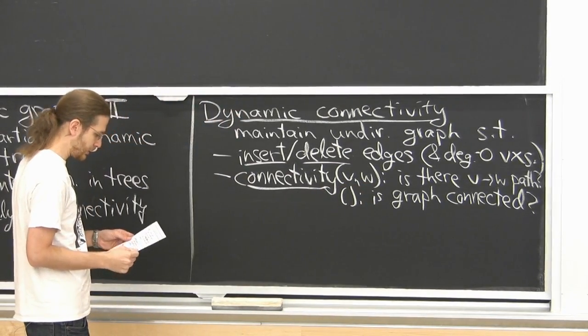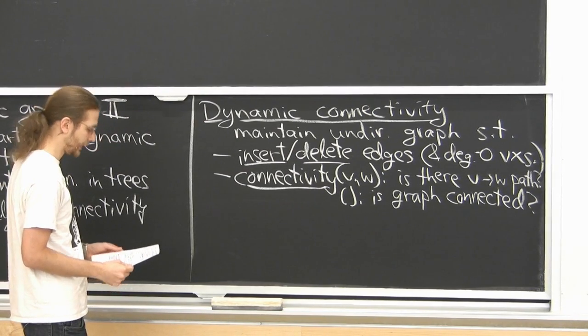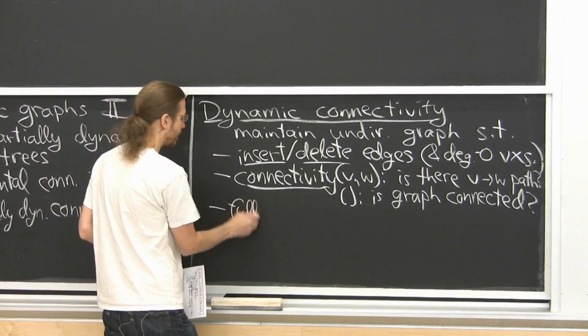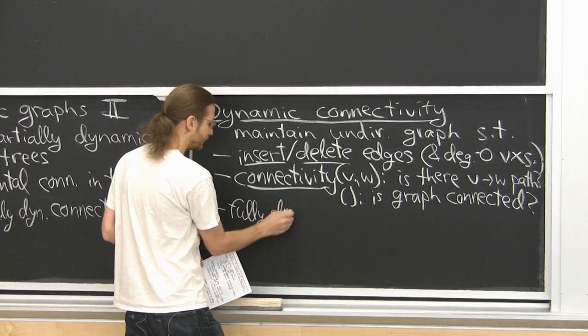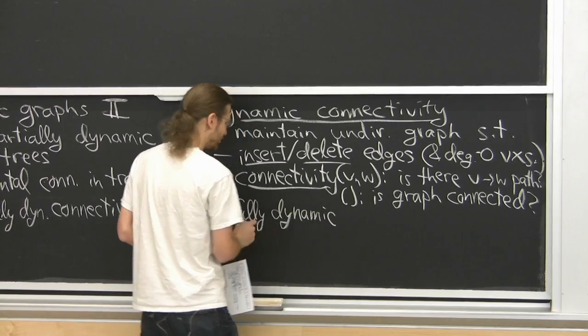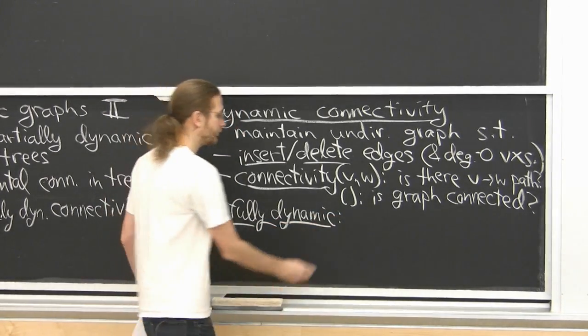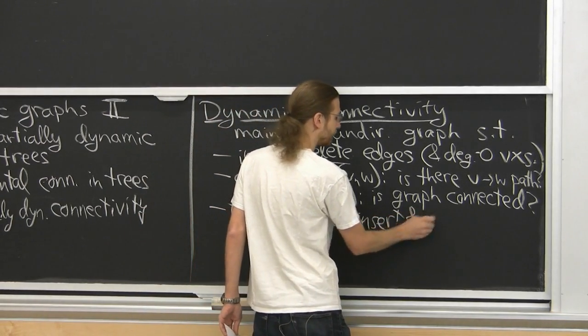OK. So that's the problem in general, and I want to introduce some terminology, kind of like when we had partial and full persistence. There's also partial and full dynamicness. So a fully dynamic data structure is one where you can do inserts and deletes of edges.